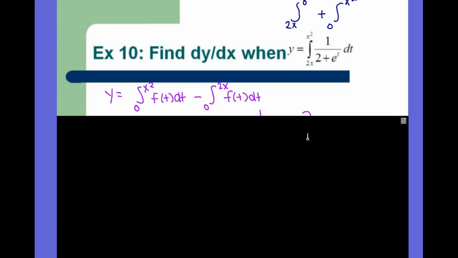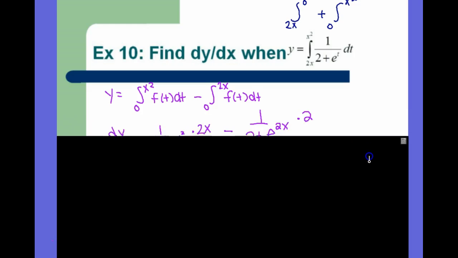I can make them unmatching, though, if I want, by making this bound 0 to 2x, because I could simply flip them if I need to. We okay so far? Mm-hmm.